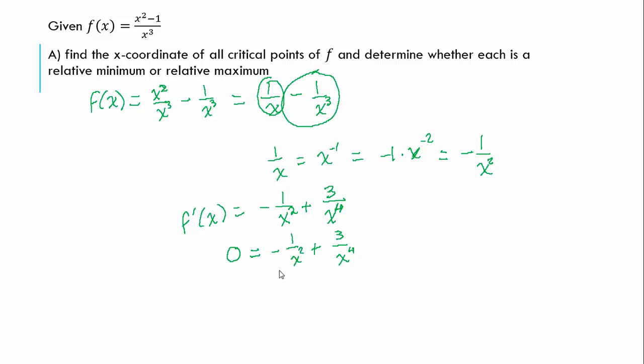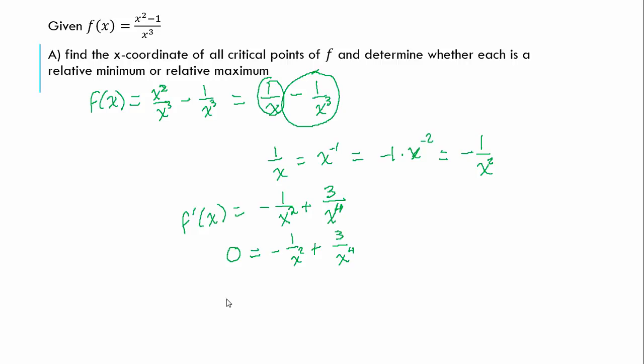So now what we need to do is try and solve for x. So this is a little bit of a complicated problem. In order to make it a little bit simpler, I want to get rid of all these fractions, and the way I can do that is I can multiply each term by x to the 4th.